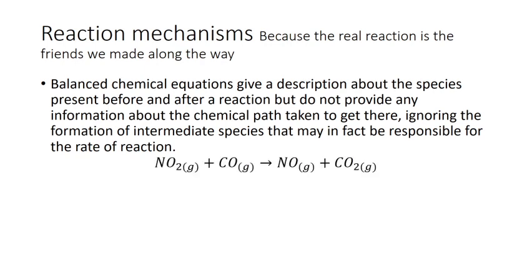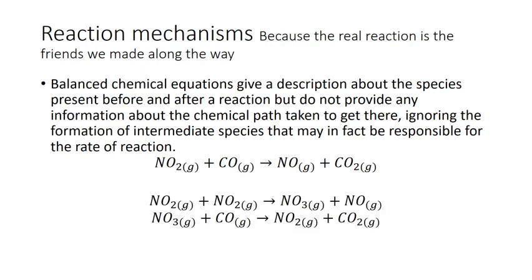We will take this reaction for example. This reaction is the overall process that is going on. You have nitrogen dioxide and carbon monoxide going in, and coming out you have nitrogen monoxide and carbon dioxide.